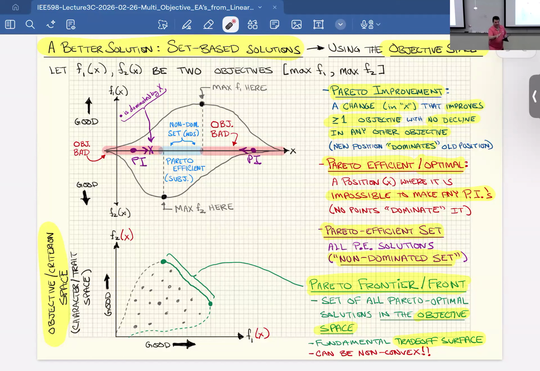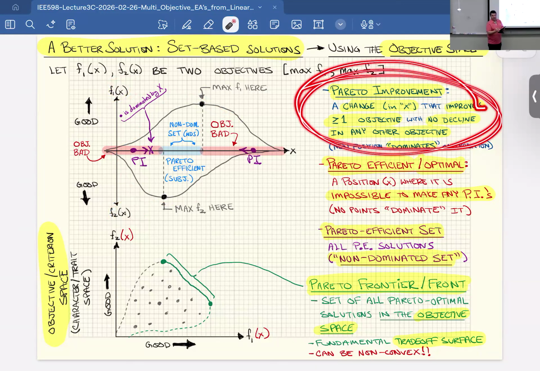Yeah, go ahead. I have a question regarding the Pareto efficient area. Is it that we usually take the max of two functions, and whatever is in between would be the Pareto efficient? Well, I drew this as if there were two maxes, but we can generalize this. It might have been good to minimize one and maximize the other, and that's why we introduced this Pareto improvement idea and the efficiency idea based on it.